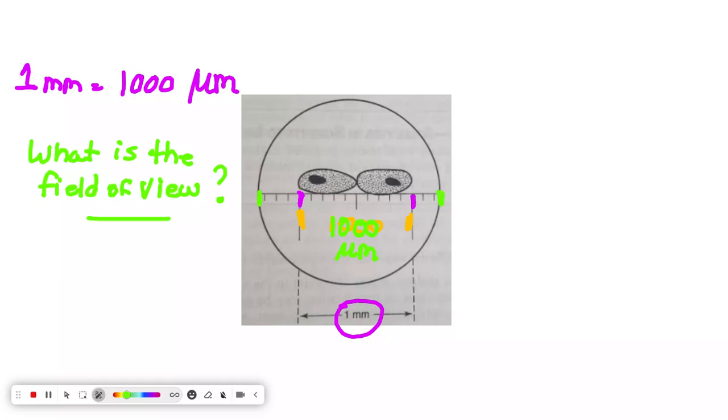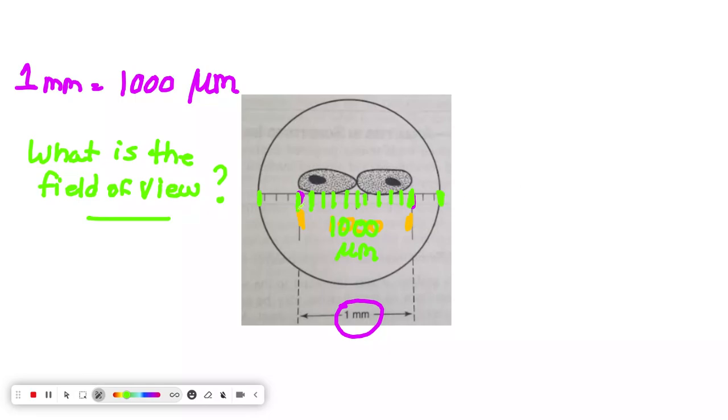So we can count by micrometers or millimeters. So let's look at the millimeters. We know that from here to here is 1 millimeter. And let's count how many slash marks we see. We see 1, 2, 3, 4, 5, 6, 7, 8, 9, 10. So we have 10 here.